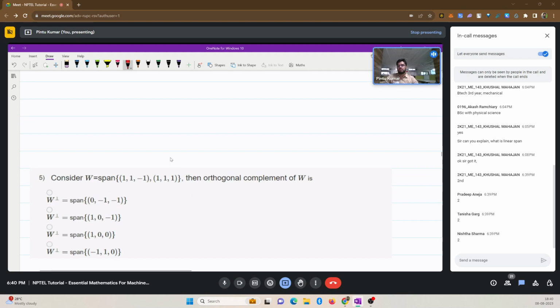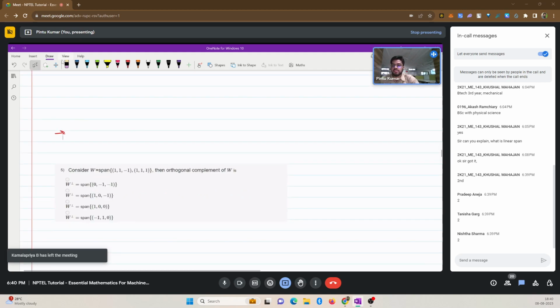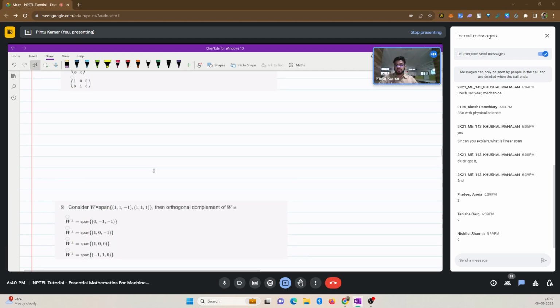Now, one question that was mentioned in your assignment: I covered the orthogonal definition in the last session, but I'll restate what orthogonal is and teach you how to solve this kind of question. Vectors v1 and v2 are called orthogonal if the dot product between v1 and v2 is 0.